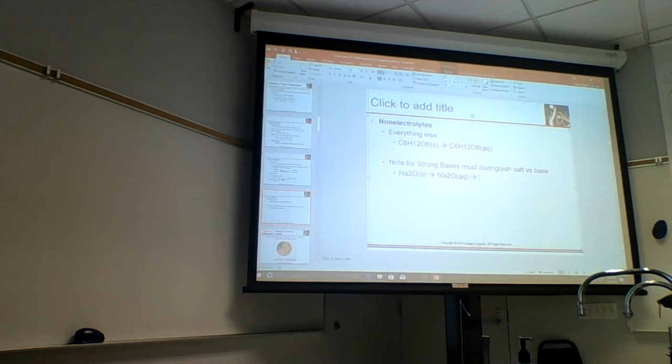So we write the 2 in the front. So it's 2 sodium ions plus an oxide ion, O2 minus. Good. And so the first step here is it's a soluble salt. Soluble salts ionize or dissociate completely.